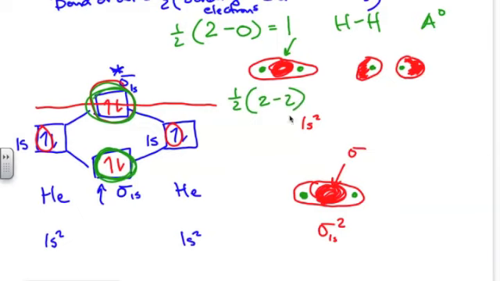So 2 minus 2 is 0, and 1/2 of 0 is still 0. So there's a bond order of 0. Those 2 heliums, noble gases, just go on their merry way and decide not to bond.